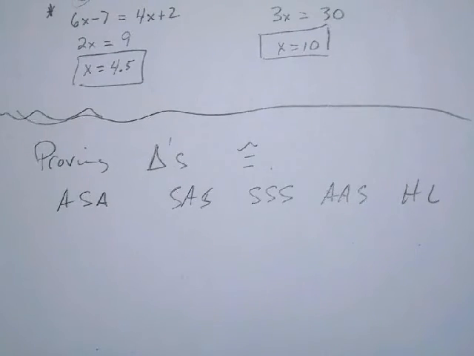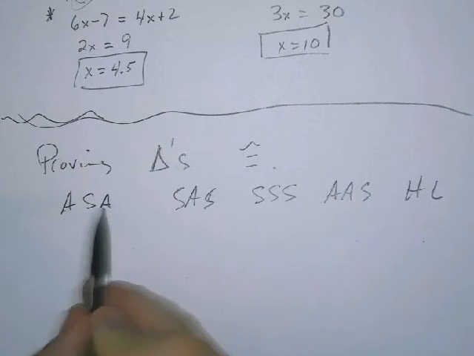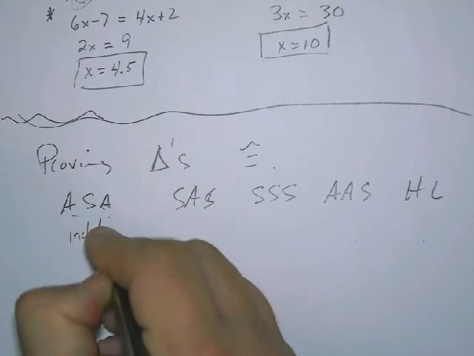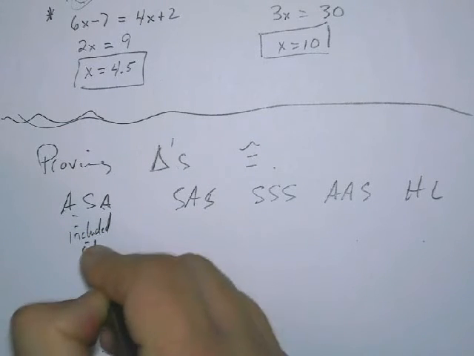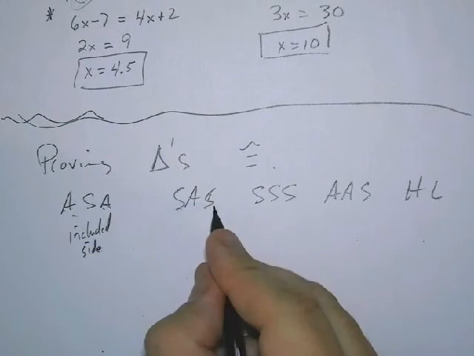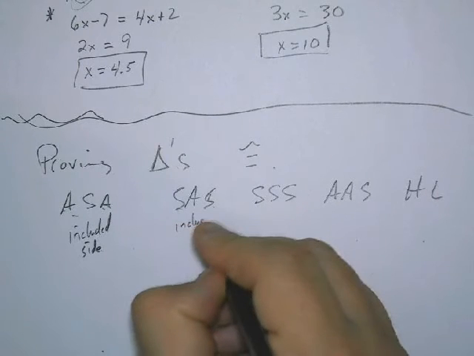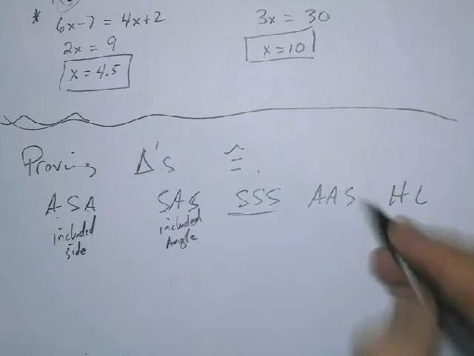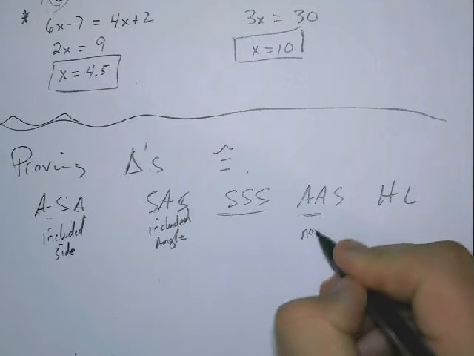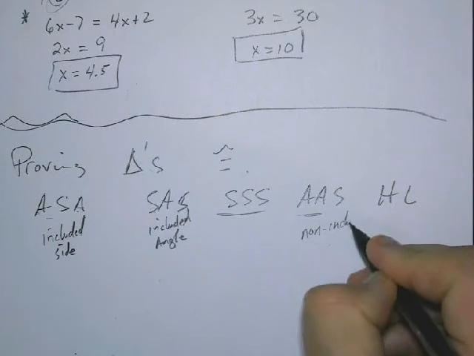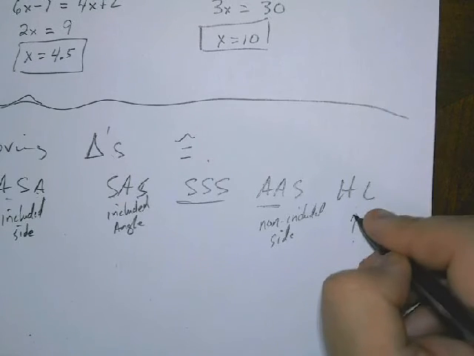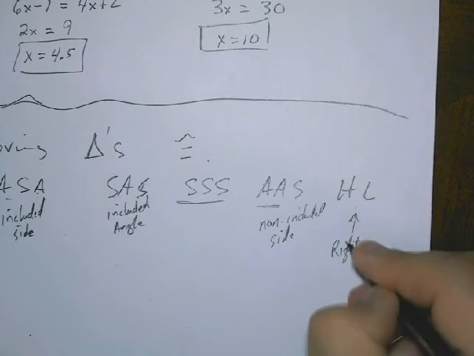If I have these things, I have to know what this means. This means 2 angles and the included side, the side between them. This means 2 sides and the included angle. This means just the 3 sides, it doesn't matter about the angles. This means 2 angles and a non-included side. And this only works with right triangles.